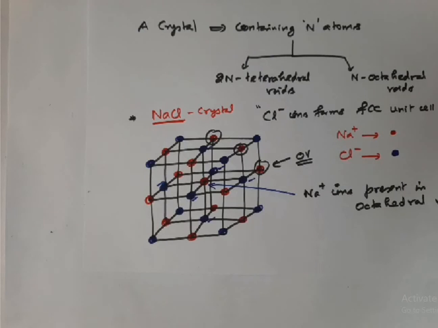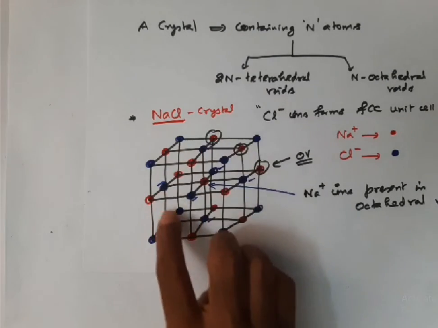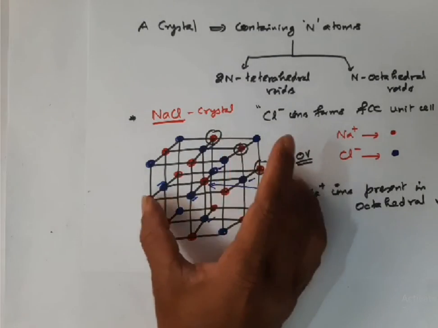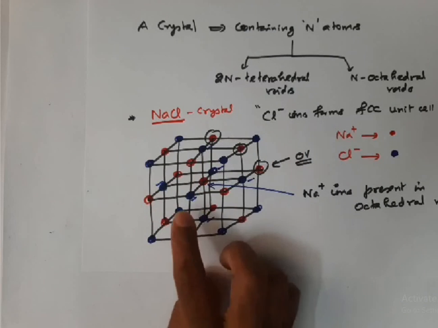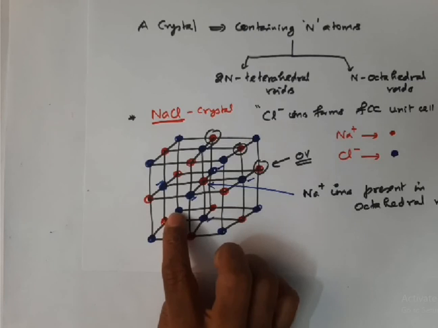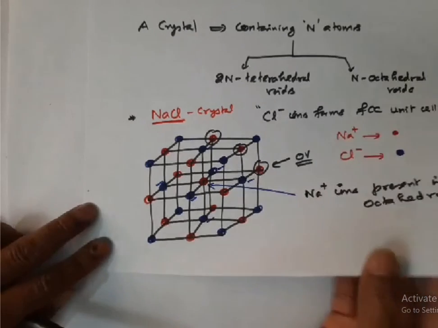Alright. What about tetrahedral void? Listen, in this I have divided this unit cell into 8 small cubes. The center of each small cube is a tetrahedral void. Let me show you in the next structure.